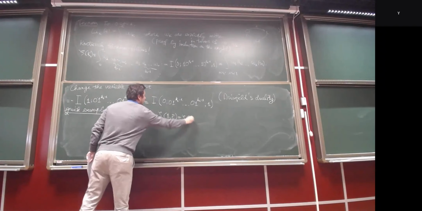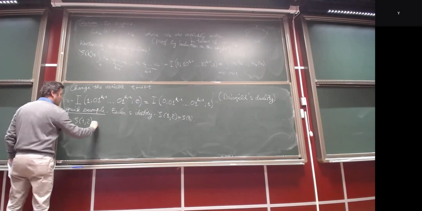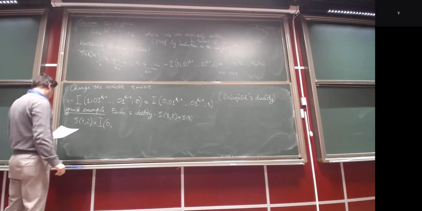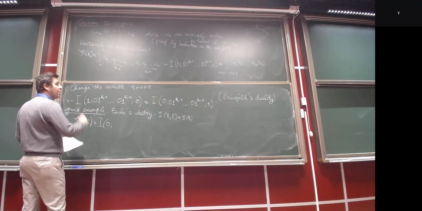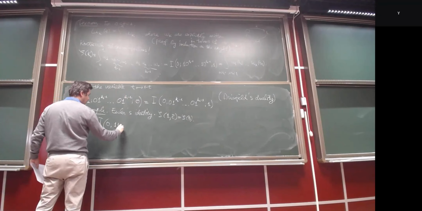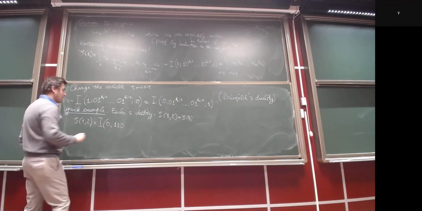So zeta of 1, 2 can be written as I of 0, 1, 1, 0, sorry, 1.